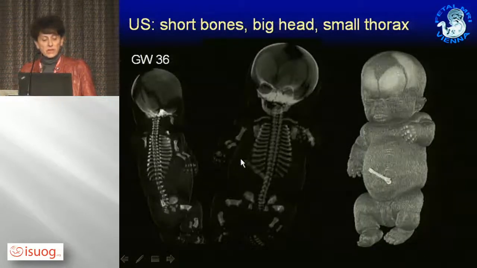The best method to look for skeletal dysplasia is not MRI, is not ultrasound, it is CT. This is postmortem CT showing you all the features of this thanatophoric dysplasia, but you can have the same pictures also prenatally and with a very low radiation dose. We are working on low dose protocols.